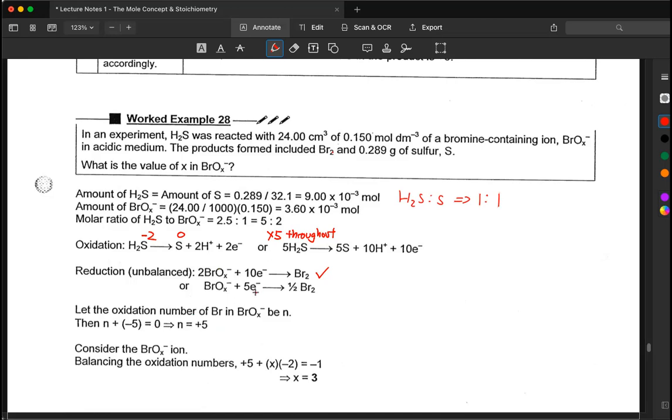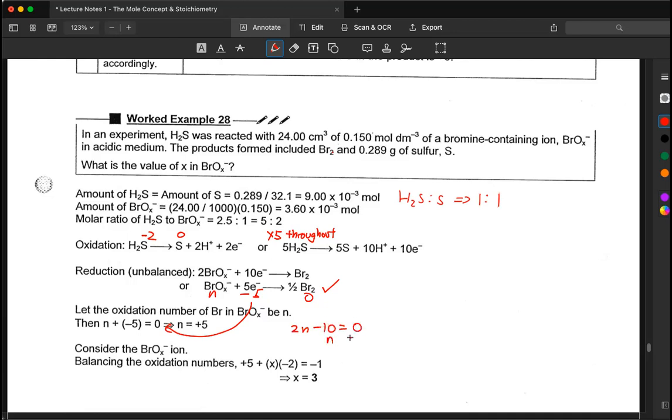How do you get this? It is based on this one. I think I'll choose this, which is easier, because 5 electrons, minus 5. So this is the N, this is 0. So N minus 5 gives you 0, so N is plus 5. Or you can do it also this way: 2N minus 10 equals 0.